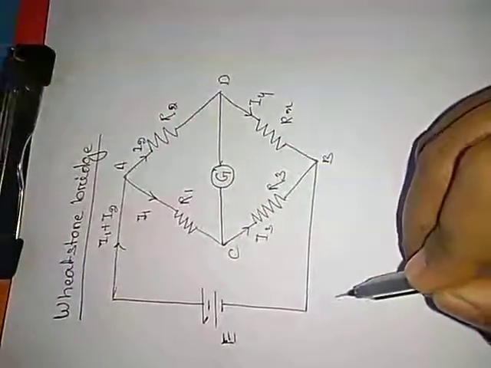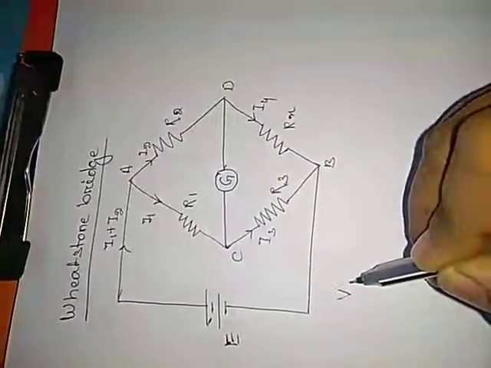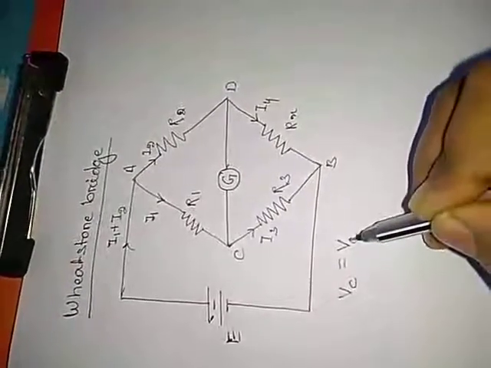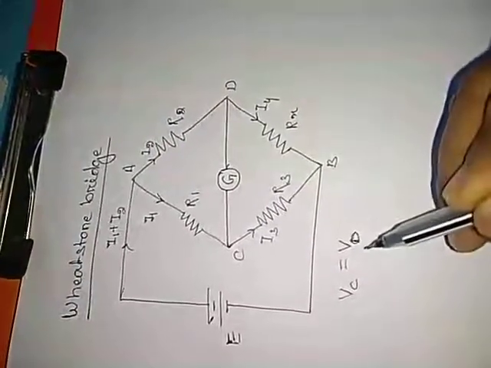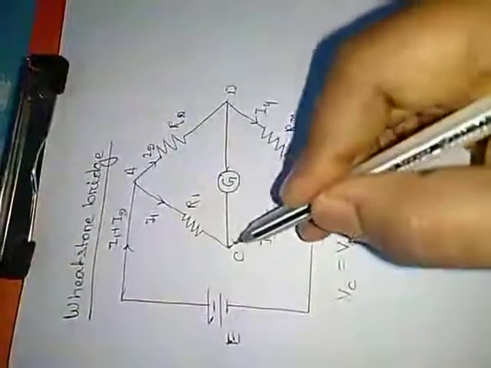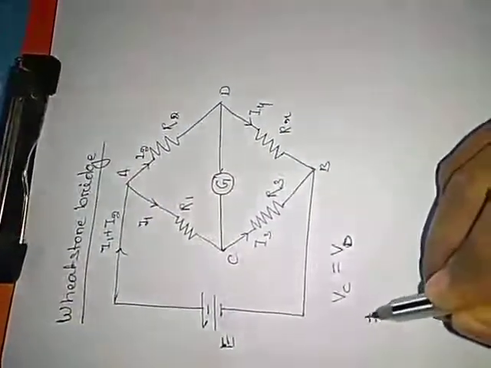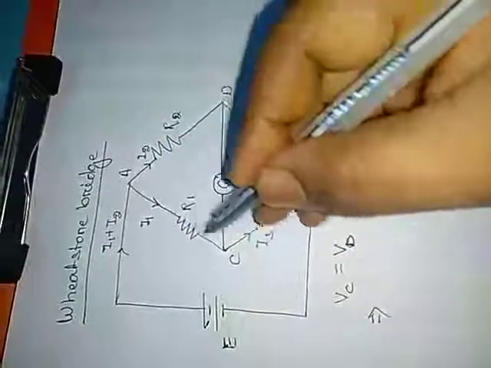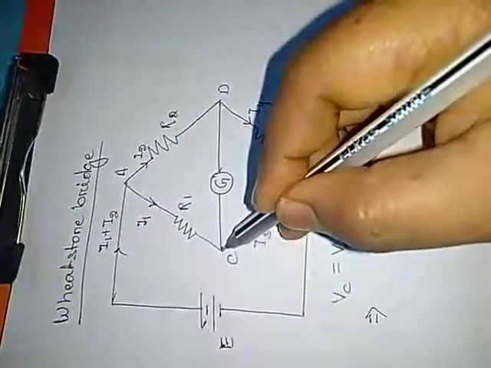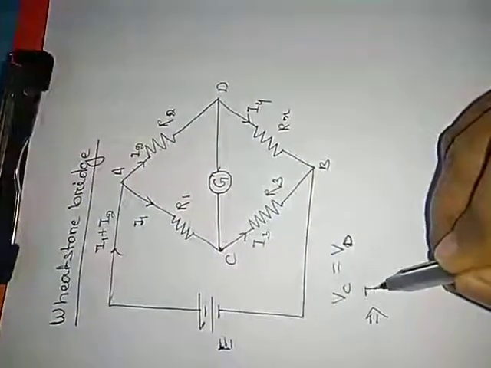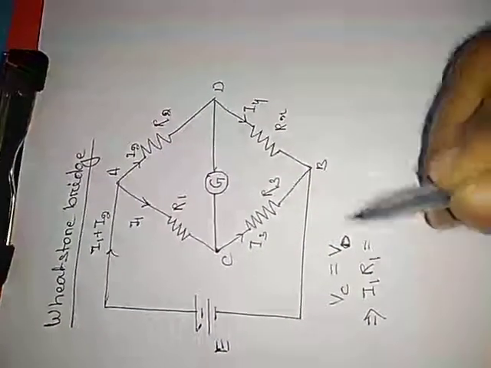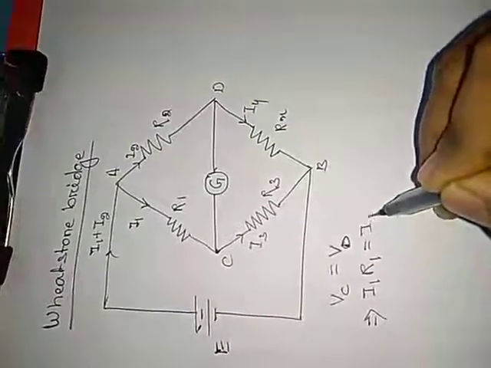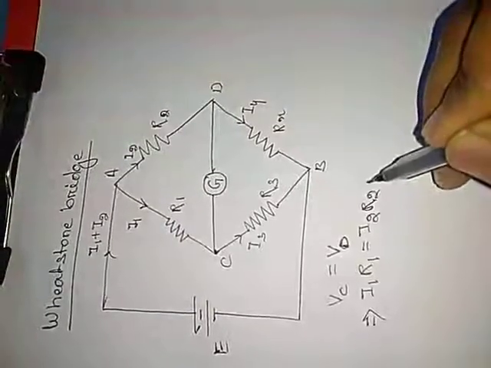At that time, the potential across points C and D is 0, and the potential at C is equal to the potential at D. Potential at point C, if you take this branch, is I1 into R1, and at this point the potential is I2 into R2.